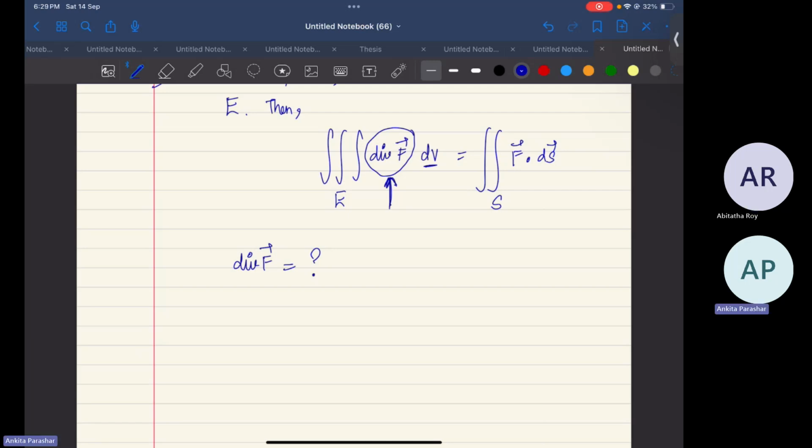So what does divergence F mean? How do we compute it? It tells us about the nature of the vector field at a particular point. This is the geometric meaning of divergence.